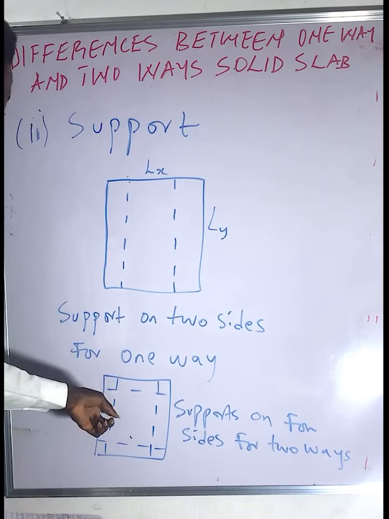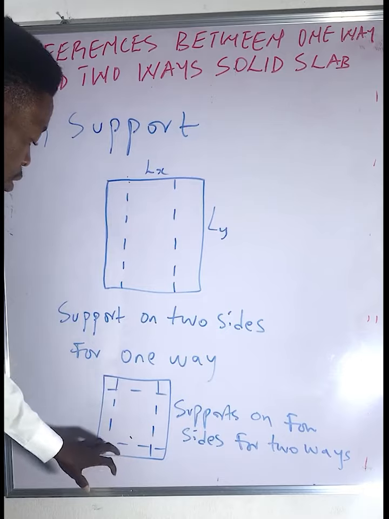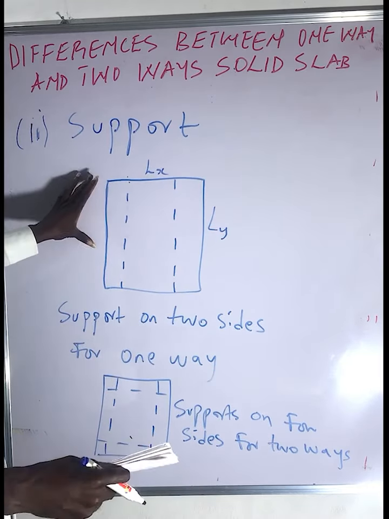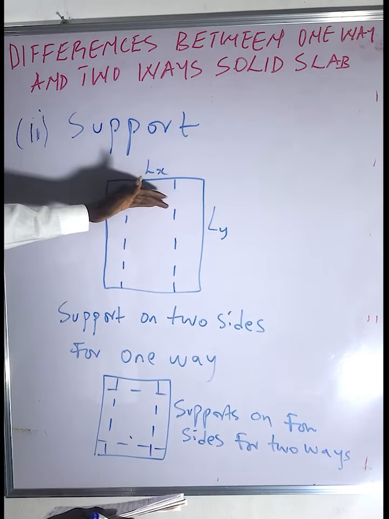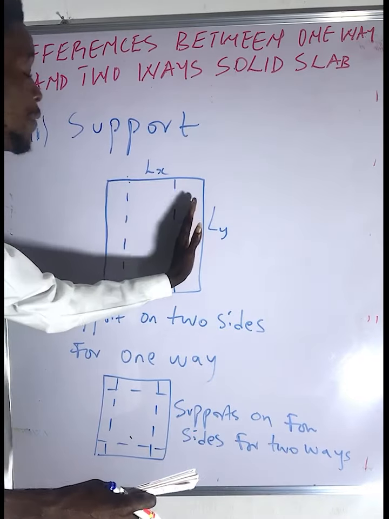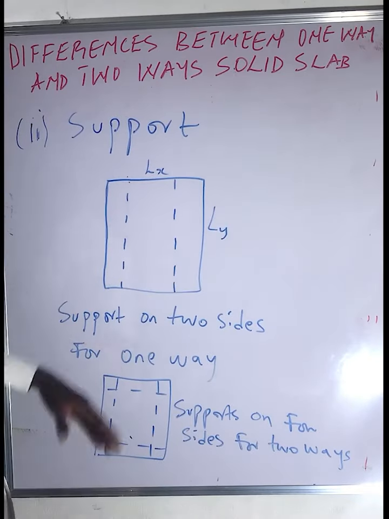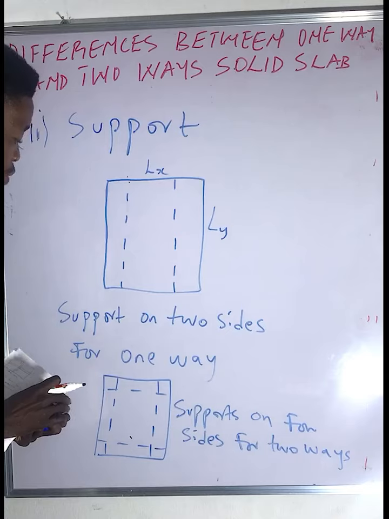While for two ways, you have support on 4 sides. Your load is distributed to 4 sides. Note, for one-way slab, the load is only distributed to 2 sides. That does not mean support cannot be on 4 sides, but only these 2 sides are functioning. That's where the loads are distributed to. That's for one way. But for a two-way slab, all the loads, they are distributed to 4 sides.